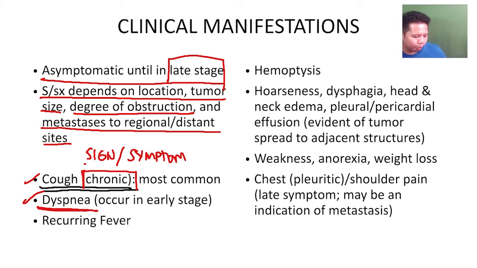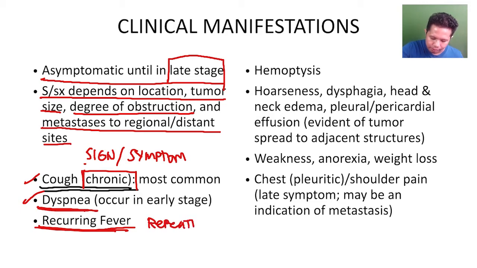Mabilis ka hapuin yan. And then recurring fever, para siyang TB. If you've studied the TB disease before, it's reoccurring. When you say reoccurring, paulit-ulit, repetitive is another term. Sa Tagalog is ulit-ulit lang siya. Cycle lang siya na bumabalik, nawawala, bumabalik, nawawala.